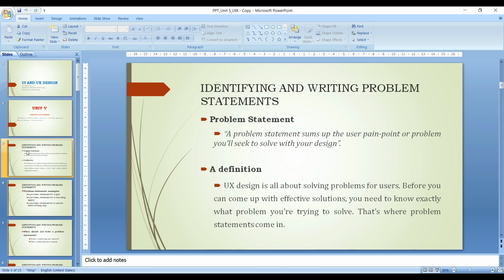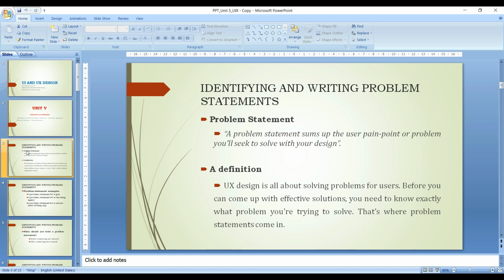So what is a pain point? Pain point means the particular user has certain ideas and they don't know how to develop an environment for them. The ideas, the logic, their new innovations, all those come under pain points.